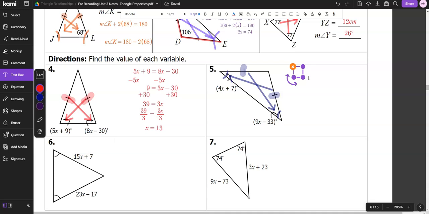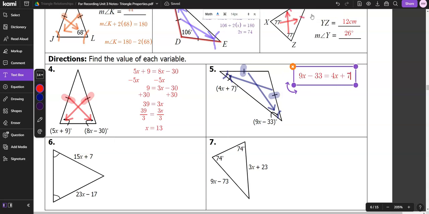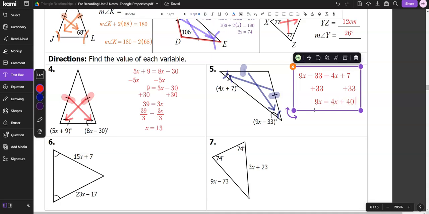So I'm going to say 9x minus 33 equal to 4x plus 7. And then what I want to do is go ahead and add 33 to each side, which will give me 9x is equal to 4x plus 40. And then I'm going to subtract 4x from both sides.